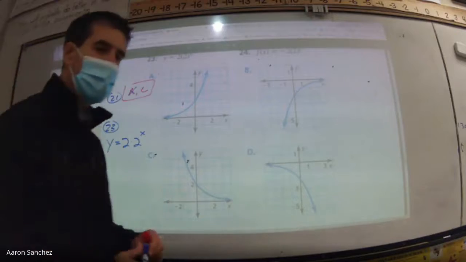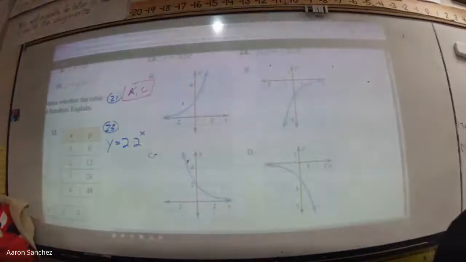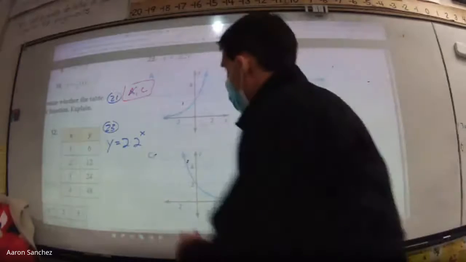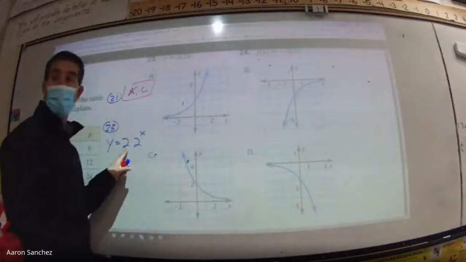Okay. What is my y-intercept? Let's go with Leilani Mendoza. What's my y-intercept for number 23 there? Where's it going to cross the y-axis? 2. Yeah, the 2, right? Because we have the 2 here. So it's going to cross at 2, right?